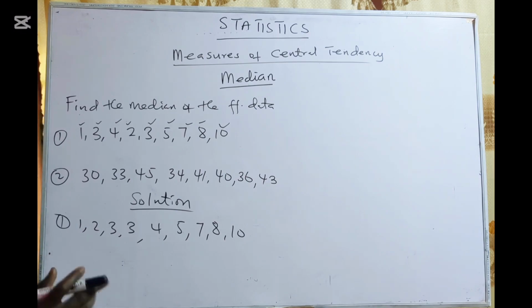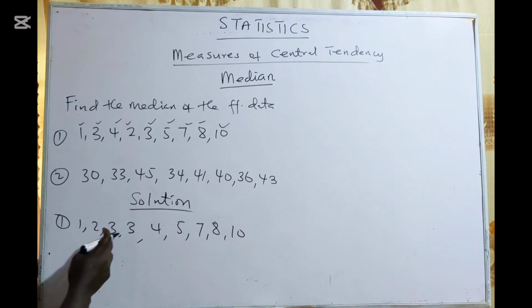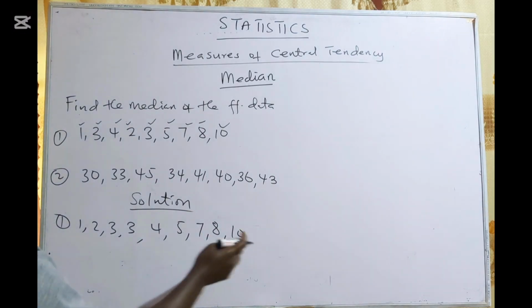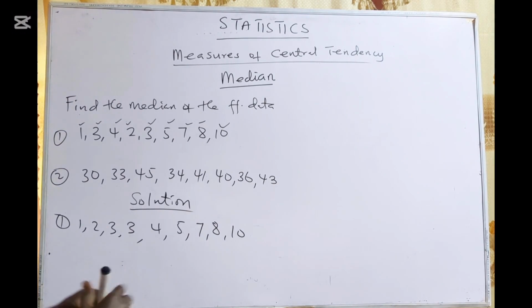So first of all, arrange in order. After you have arranged the data in order, we are going to look for the middle value. How many values? 1, 2, 3, 4, 5, 6, 7, 8, 9. Since the number of values is odd, there will only be 1 number in the middle.